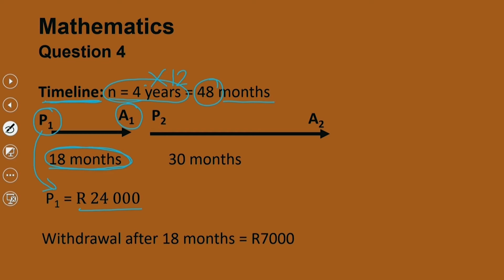Then from what is left, 7,000 was deducted at this point. And the money that was left, which is our A1, will then become our P2. When we start P2, we'll move for 30 months. How do we know it's 30 months? Because if you take the 48 and subtract 18 months, that will give you 30 months that is left. Because we're doing our calculations in months.